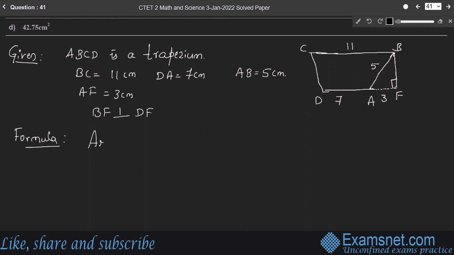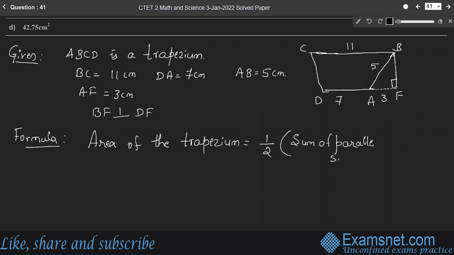Area of the trapezium is equal to half into sum of parallel sides into height. Height is nothing but the perpendicular drawn from B to F, right?